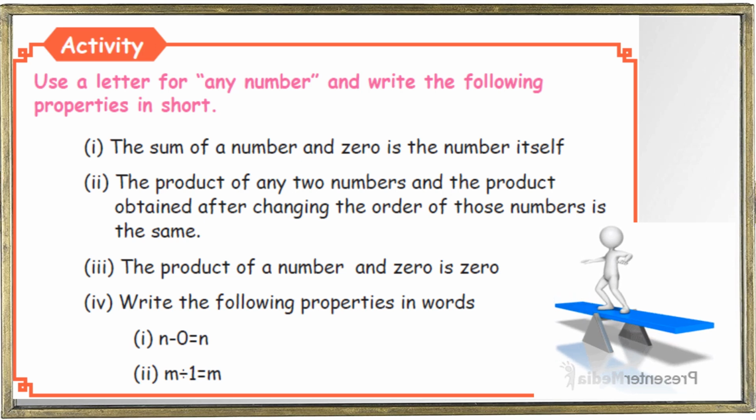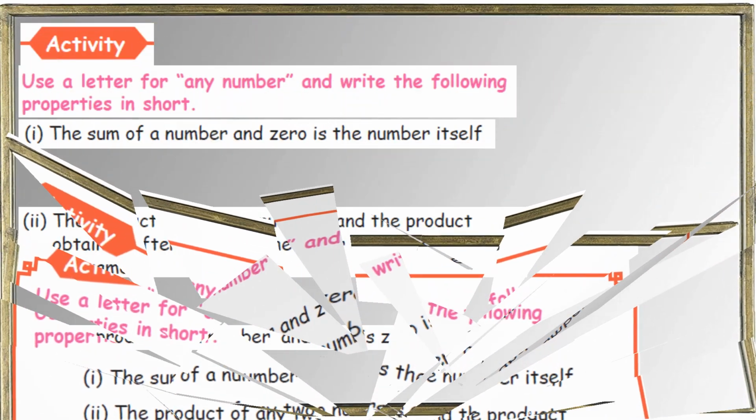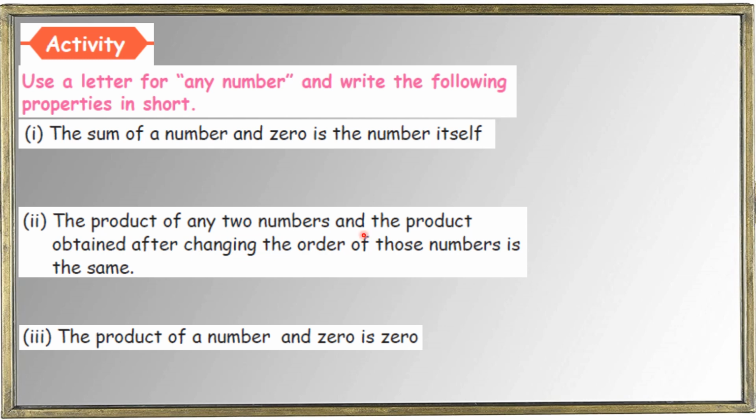Activity. Use a letter for any number and write the following properties in short. So 4 properties are given. Let us see one by one. First one, the sum of a number and 0 is the number itself. So sum means we need to add, isn't it?